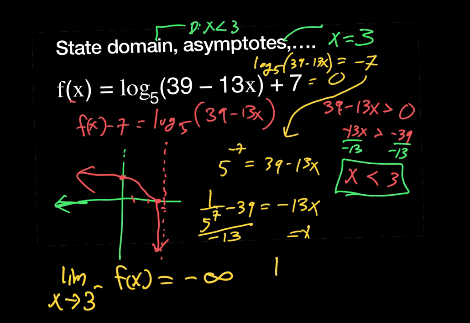The limit as x approaches negative infinity, so now as x goes out here forever and ever, my graph is going up: f of x equals positive infinity. And again, if you can't remember that, you can always just take a really large number.